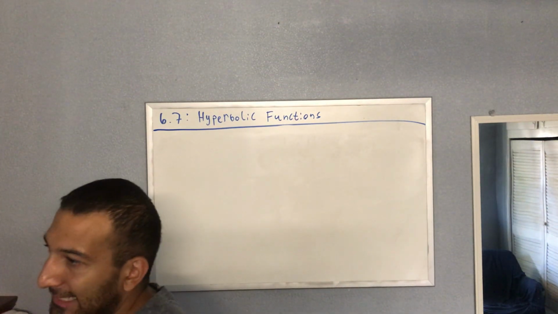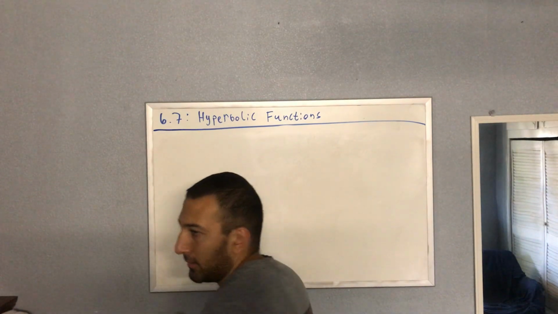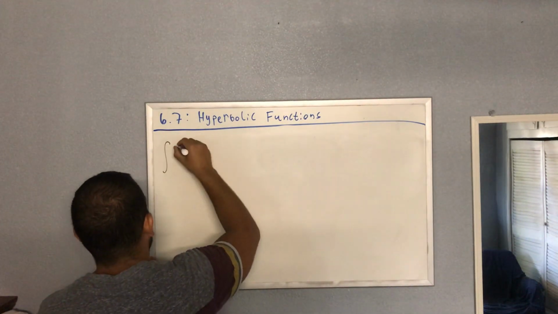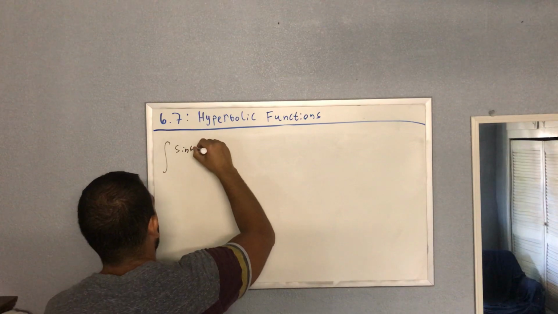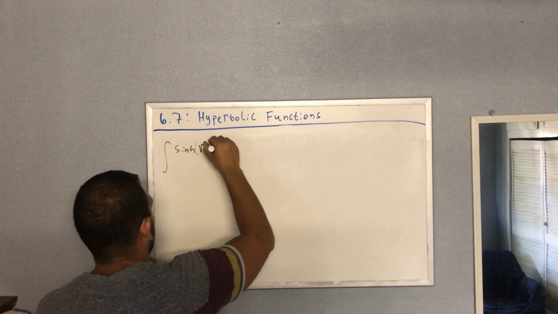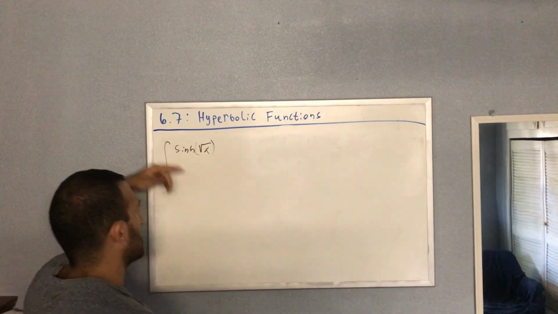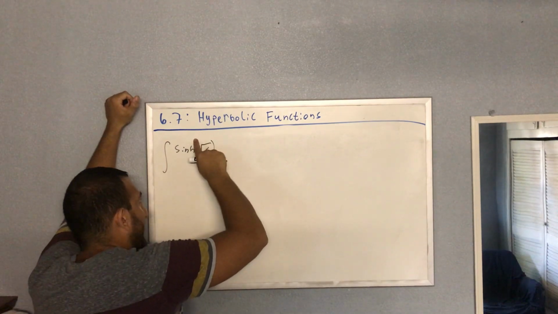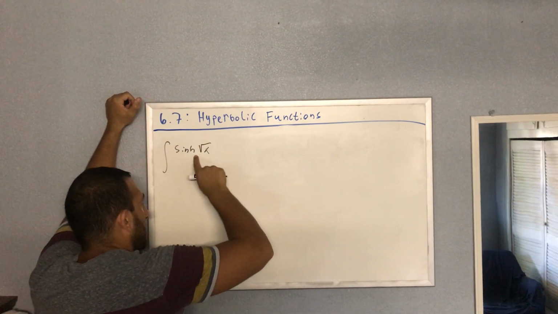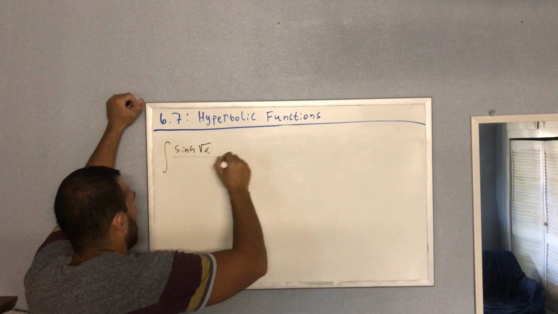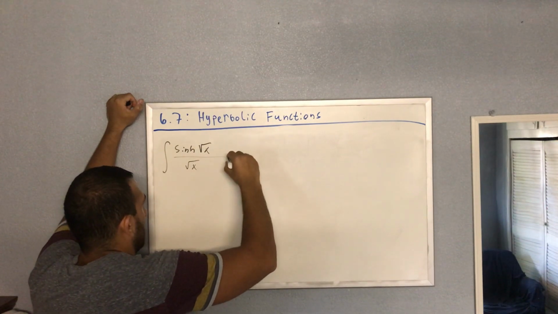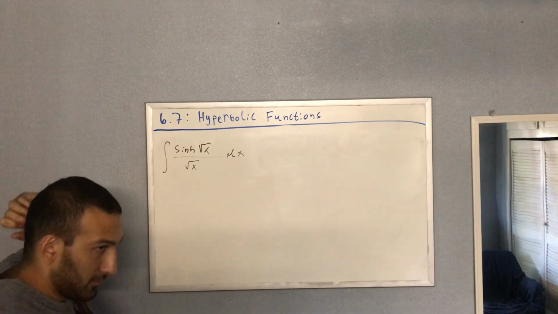So this is 61. So we have the integral of sine h of root x. So you know, you can write these parentheses if you want, if you don't want to, and it makes sense what this means, you can omit them. So I have that.